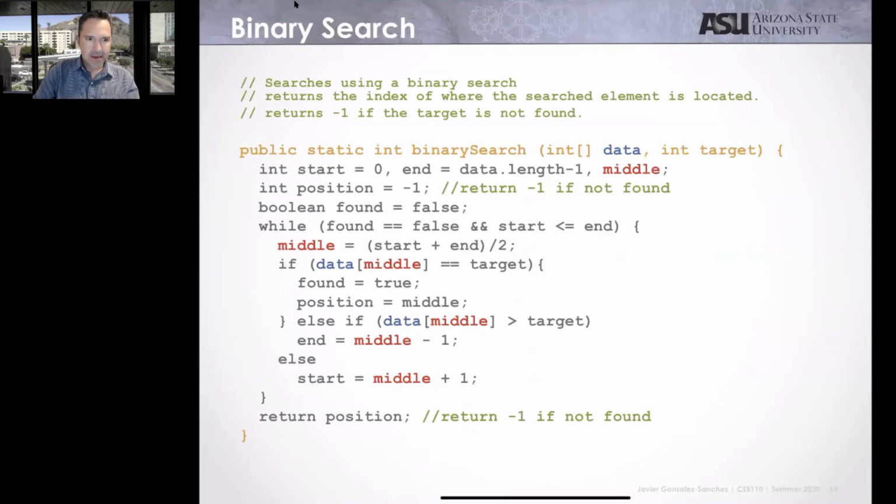This is an algorithm. I am going to do a method for this, and I am going to follow the same idea that I described before. I want a method, public and static. It's going to return an integer, the position, right? And it's going to receive the array, data, and what I am searching for, just like the linear one.